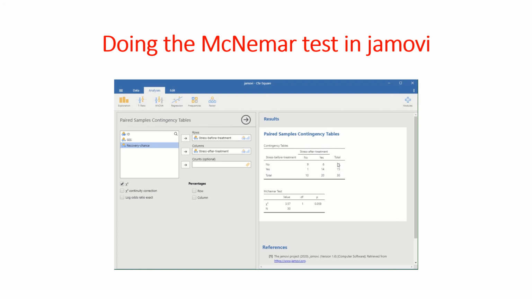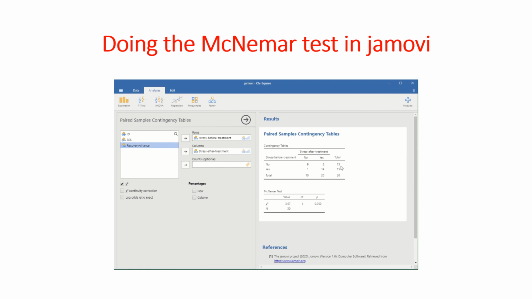So it's very equal before treatment. But if you look at the stress after treatment, you could see that more people are having stress after treatment. So it depends on you how you interpret that in the context of your study. But as I told you, this data is just made up, it's not real, so it doesn't really mean anything.